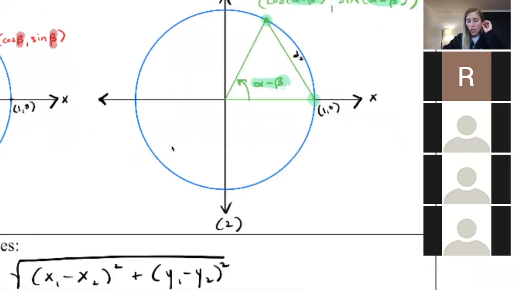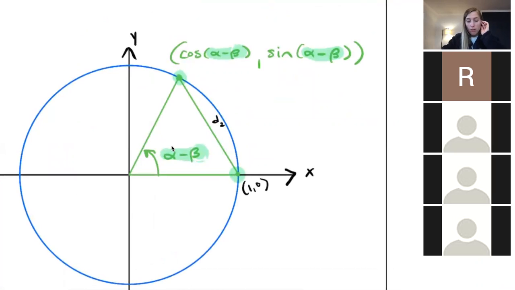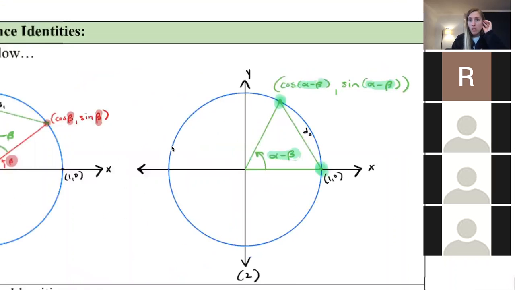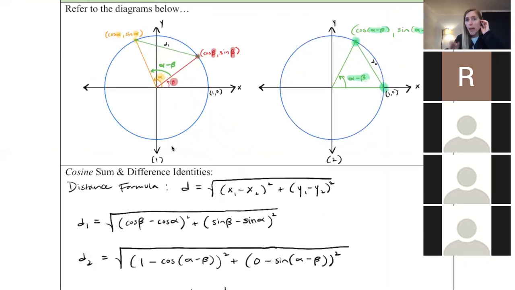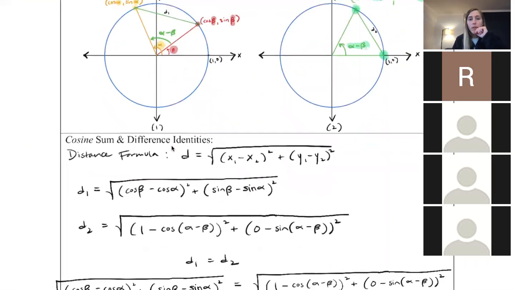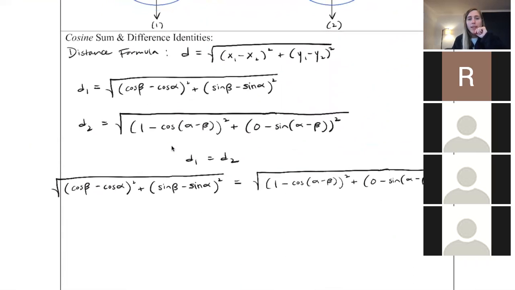Looking at the second picture, because we moved it to standard position, this point right here becomes 1, 0, and then we have this point right here, which becomes the initial point. So the change in x becomes 1 minus cosine of alpha minus beta. The change in y becomes 0 minus sine of alpha minus beta. Yeah, I got it. Thank you. Cool.